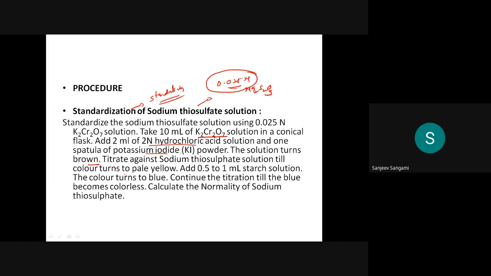Add 0.5 to 1 ml of starch solution; the color turns blue. Continue the titration till the blue color becomes colorless. Calculate the normality of sodium thiosulfate using N1V1 = N2V2. This is how we have to do it.